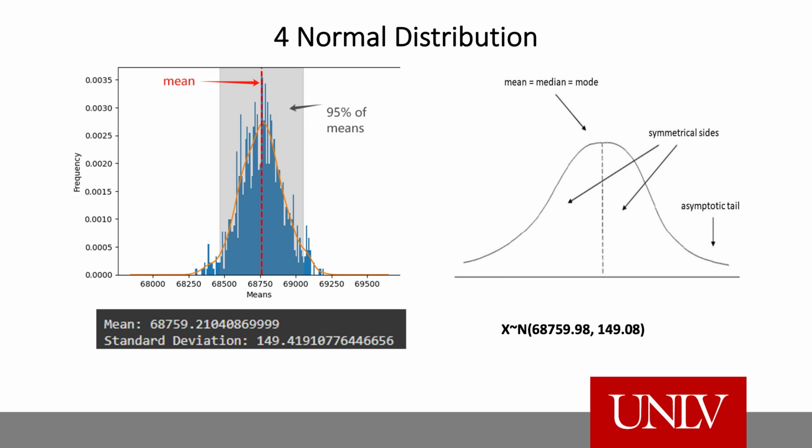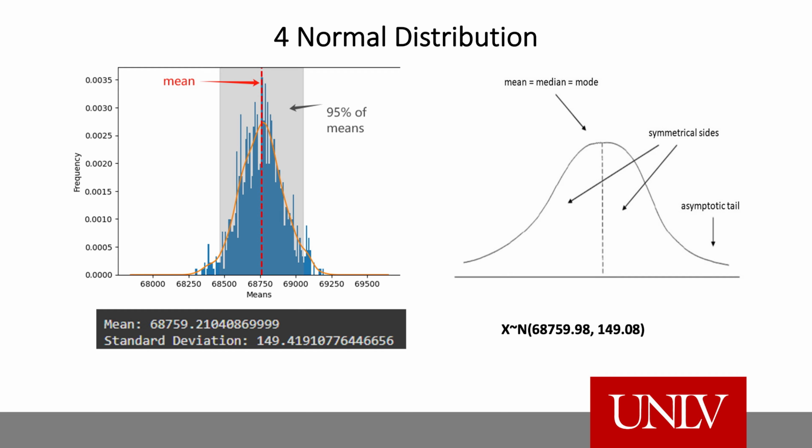Because this sampling distribution is approximately normal, we can describe it by saying that the sample mean follows a normal distribution with mean 68,759.98 and the standard deviation 149.08.